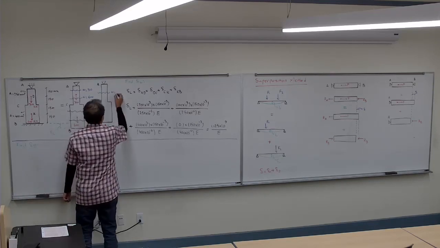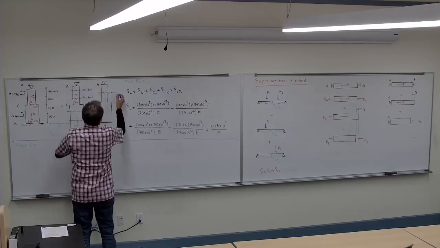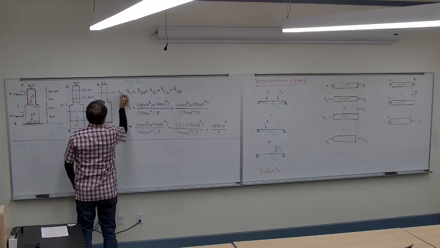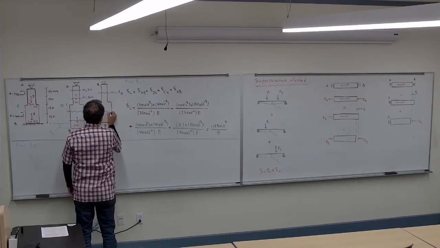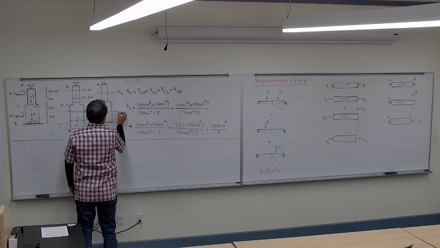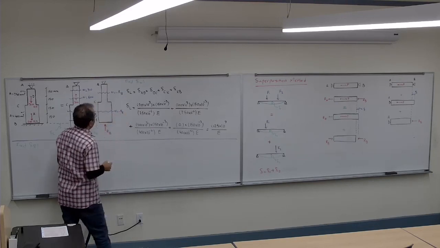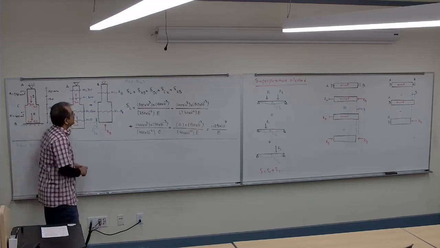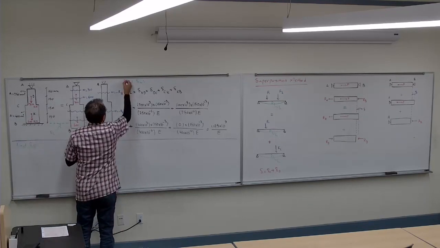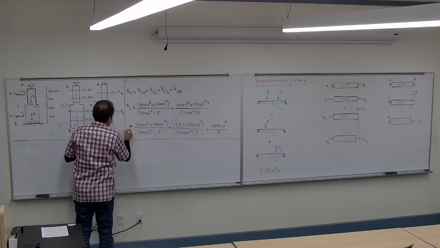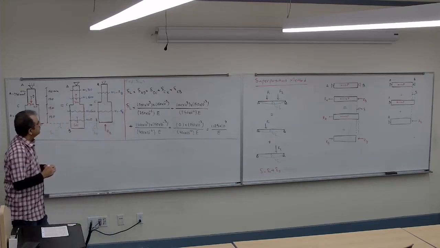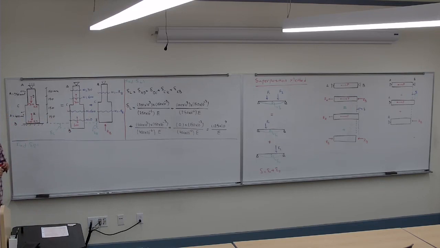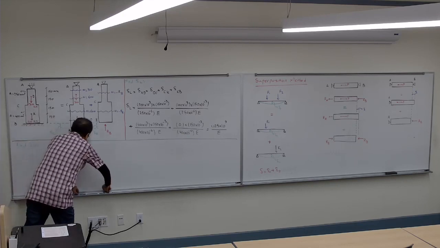So N is minus because it's compressing it, correct? And the same here, if I cut it here, N would be... agree? So now I can go ahead and find it.